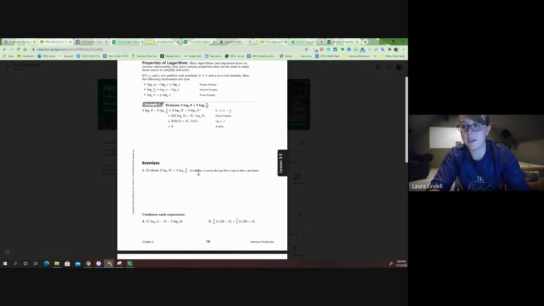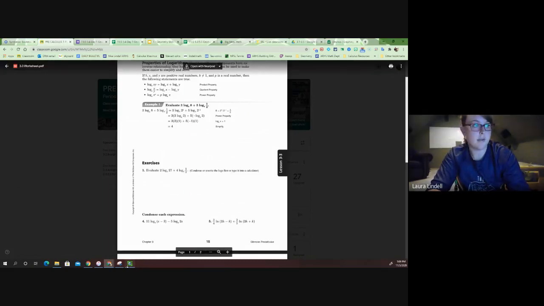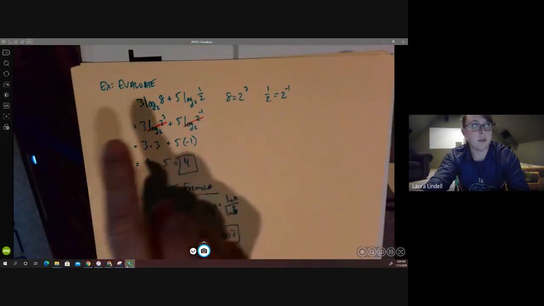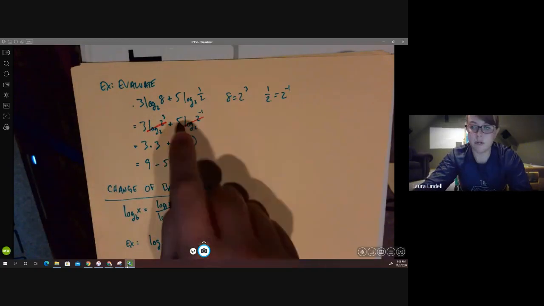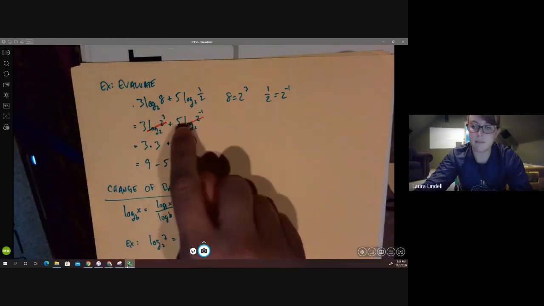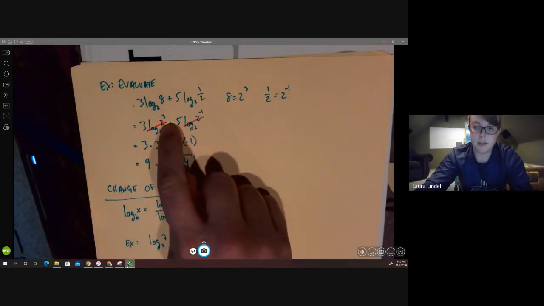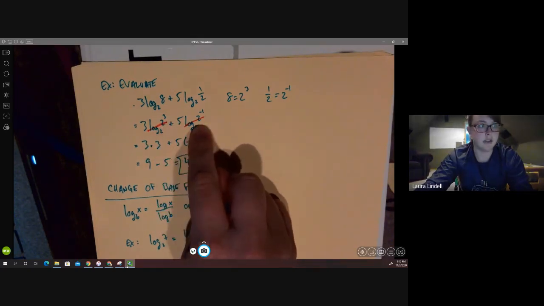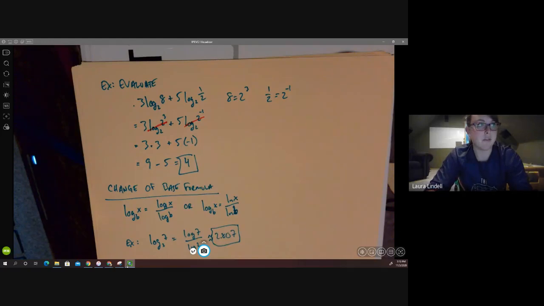So this is like that example right here that we did, where you saw that we could type the whole string into the calculator, or we could rewrite the logs as exponents with a base the same as the base of the log, so we can cancel the log and then multiply and all of that. Either way you would like to do that is fine. If you want practice manipulating logs, maybe do it this way. If you would rather just type it into the calculator, though, go for it.